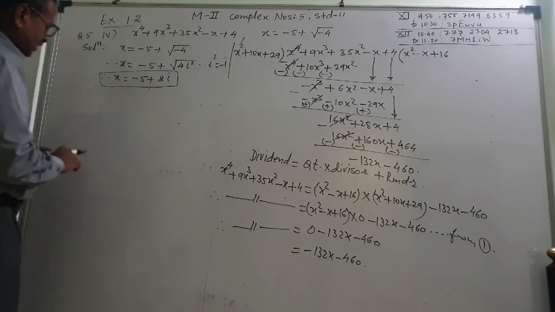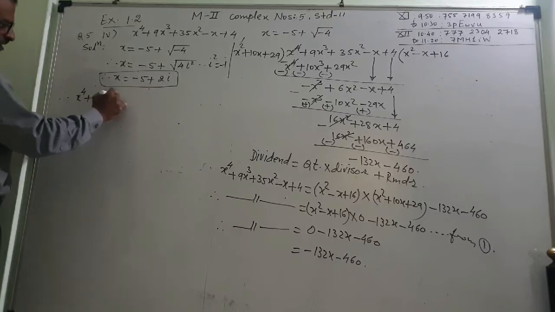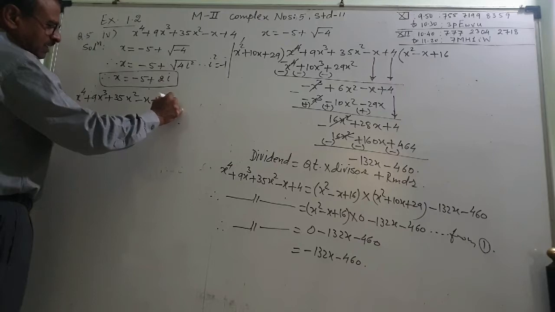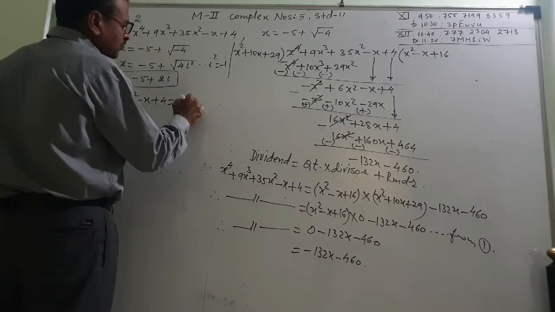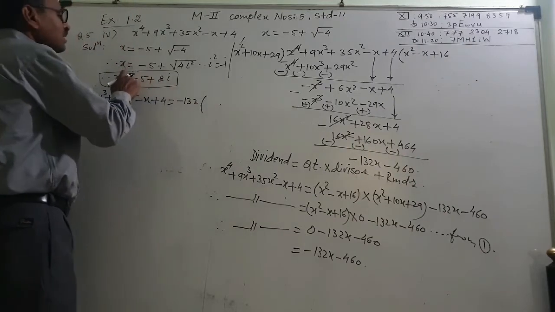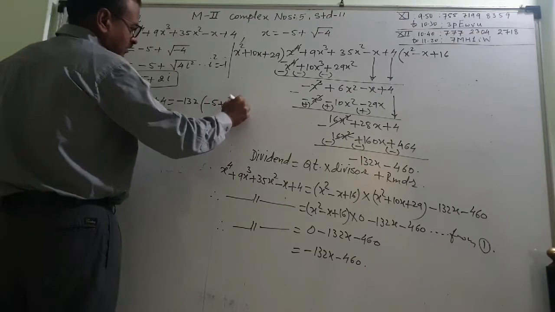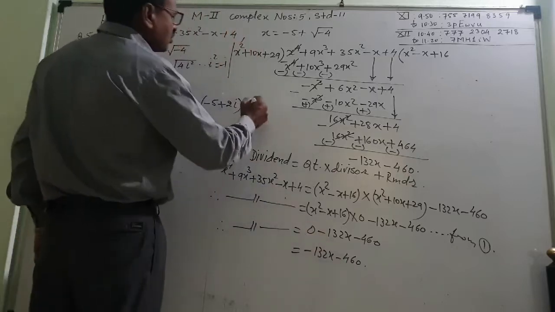Therefore x raised to 4 plus 9x raised to 3 plus 35x square minus x plus 4 is equal to, this I have got, minus 132 into x. X value is minus 5 plus 2i, and minus this now 460.